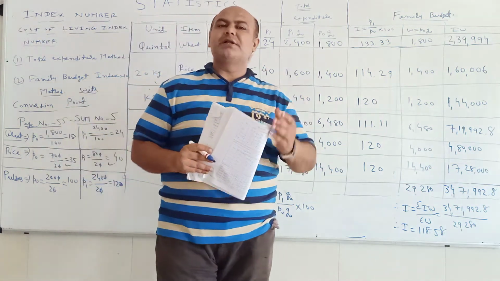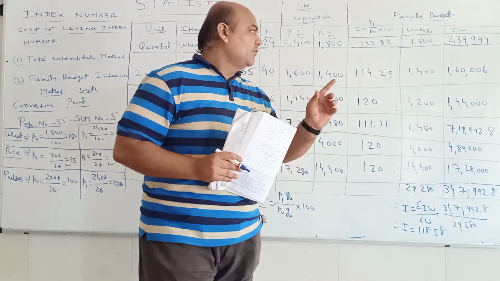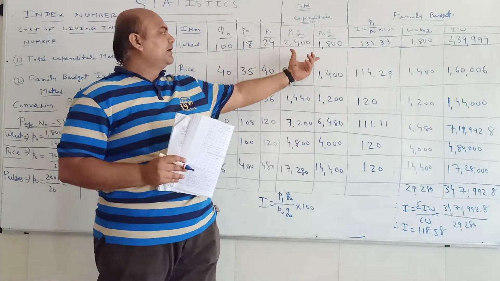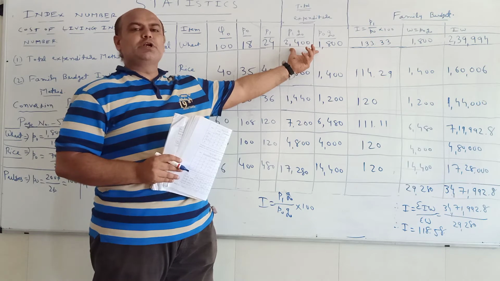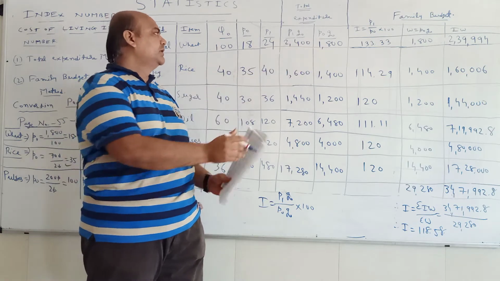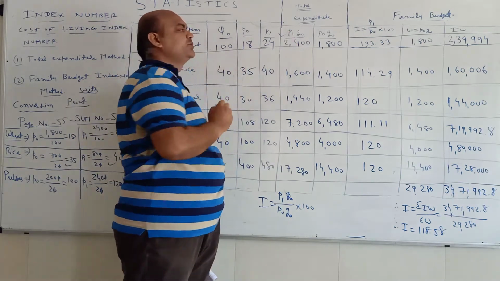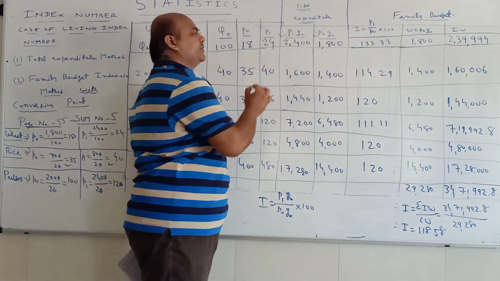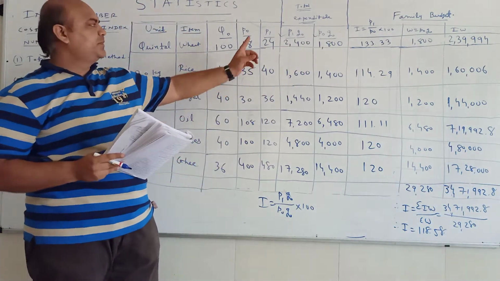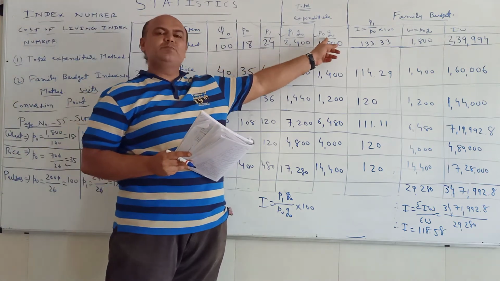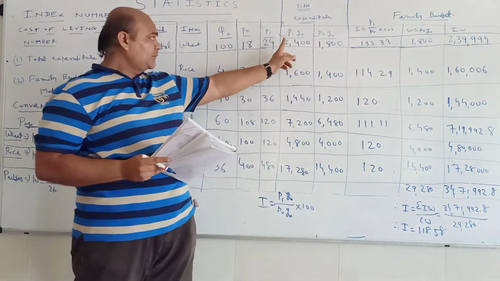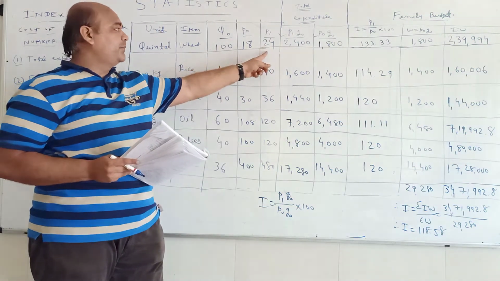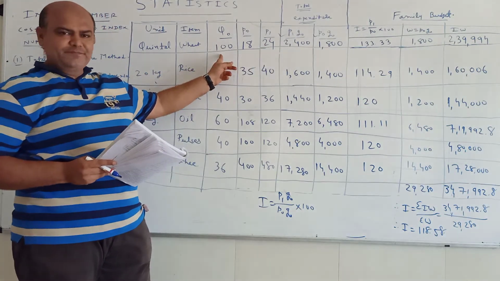For the total expenditure or aggregate expenditure method, we have to prepare two additional columns. First is P1 Q0 and second is P0 Q0.